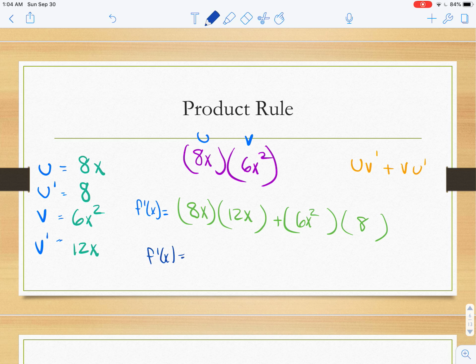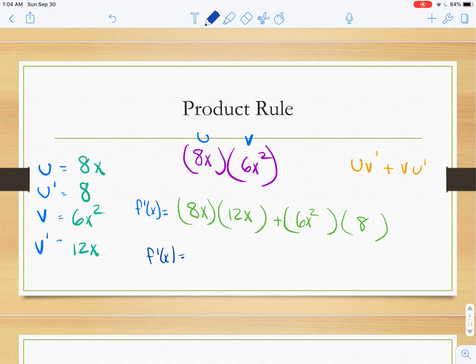So the low, which is our v, multiplied by the derivative of the high, which is u prime, minus, because of the quotient we're going to subtract, the high, which is our u, multiplied by the derivative of the denominator, which is v prime, all over the low squared, the v squared. That's what this is. Okay? So this is going to be our general rule for the quotient rule.